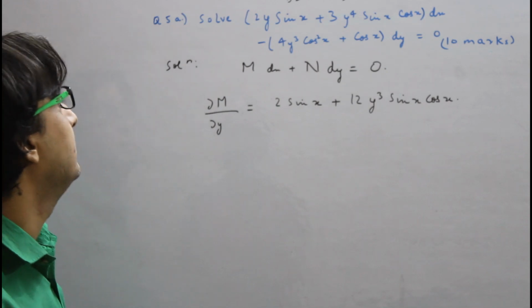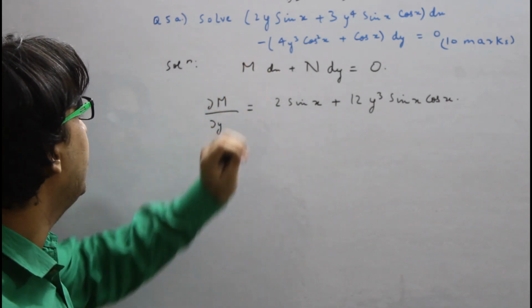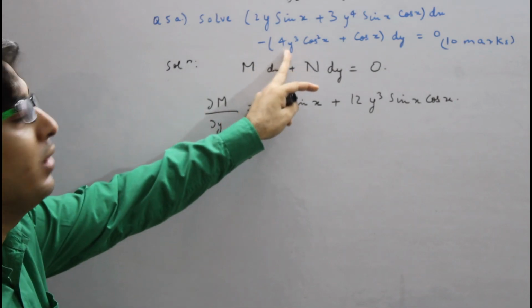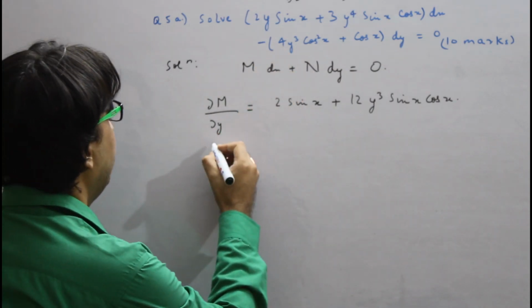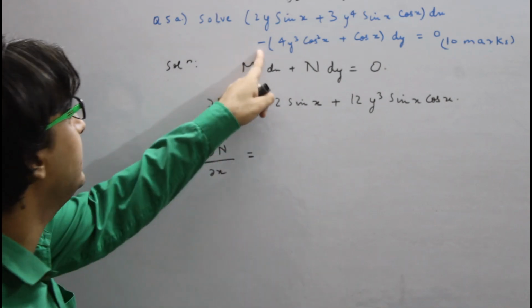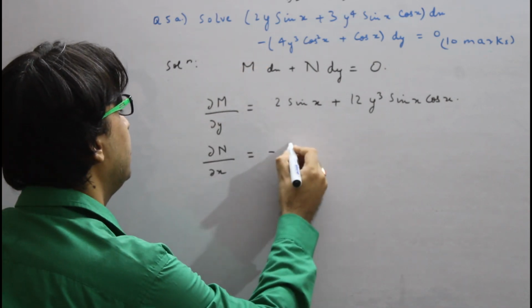Alright. Now we will take the partial derivative with respect to x, that is ∂N/∂x. The minus sign is already outside, so I will keep it outside.